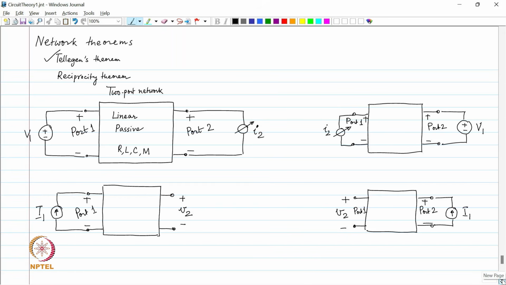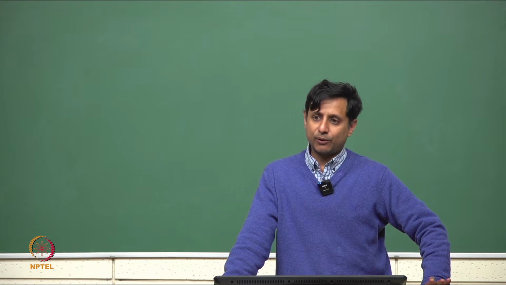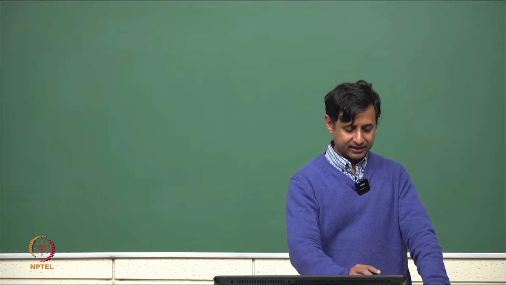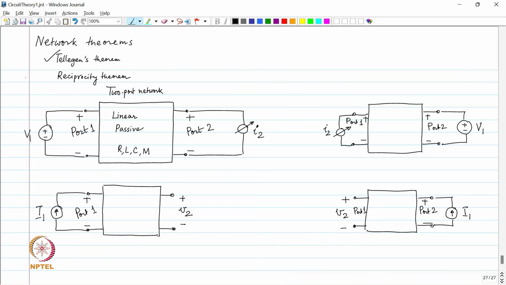And I am going to make a list of all the voltages and all the currents in experiment A, and I am going to make a list of all the voltages, all the currents in experiment B, and I am going to prove that this measurement, let us call this measurement Ix, is equal to I2.